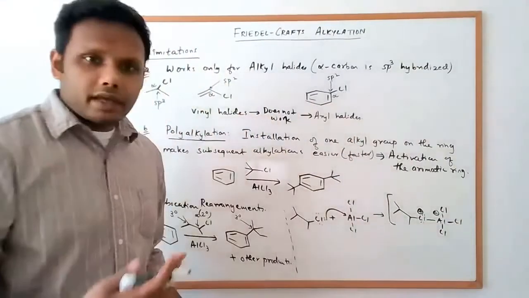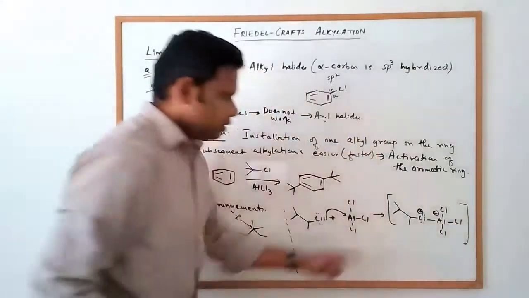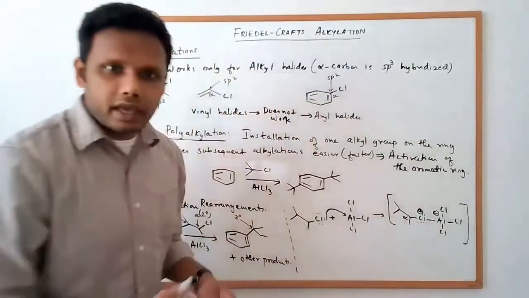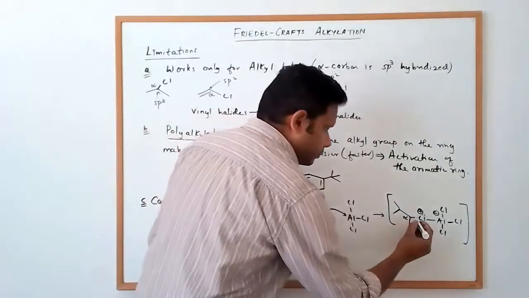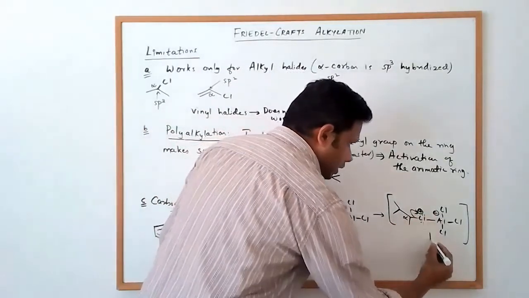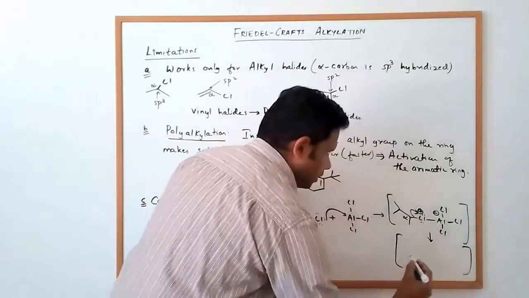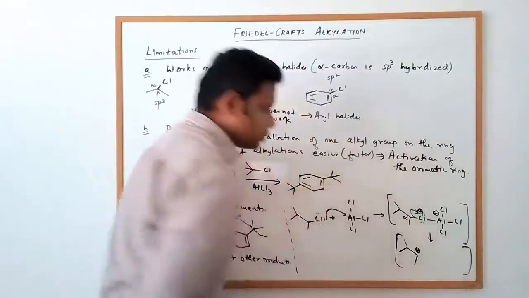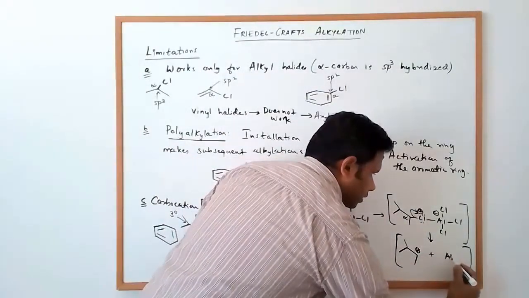The aluminum has a formal negative charge on it. And this intermediate is what gives us the carbocation. So the bond between the alpha carbon and the chlorine breaks, and this is going to give us a carbocation intermediate plus the aluminum tetrachloride ion.